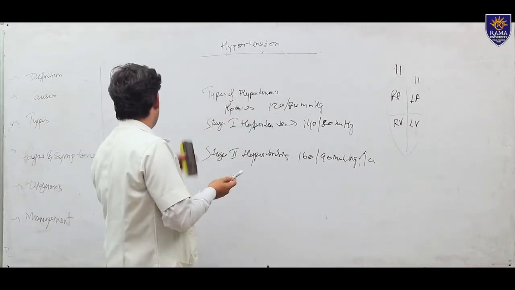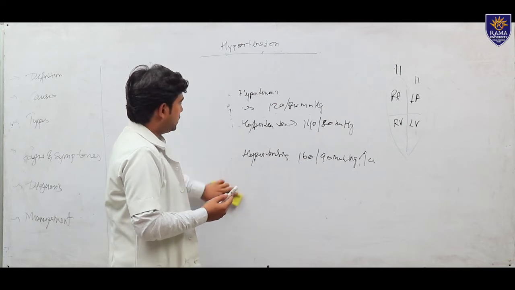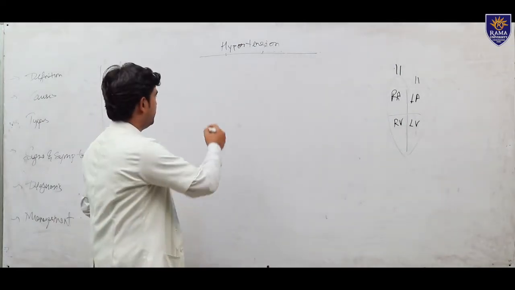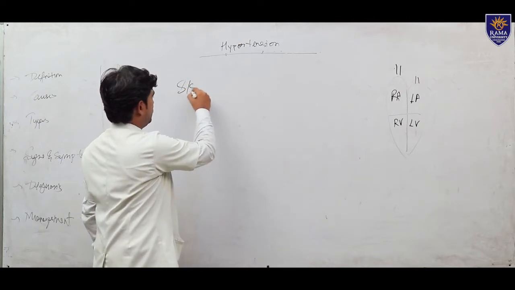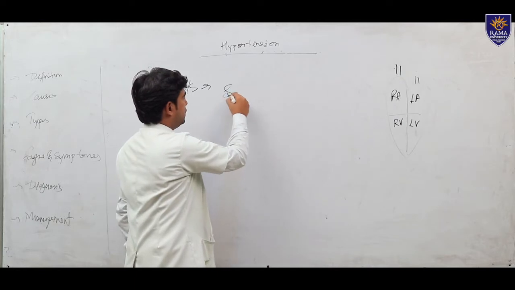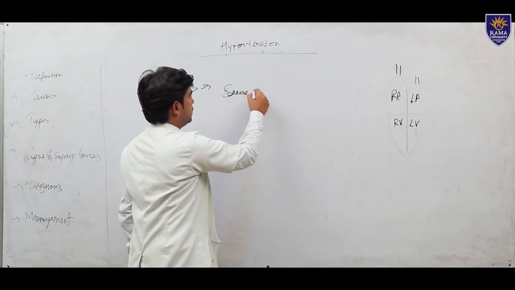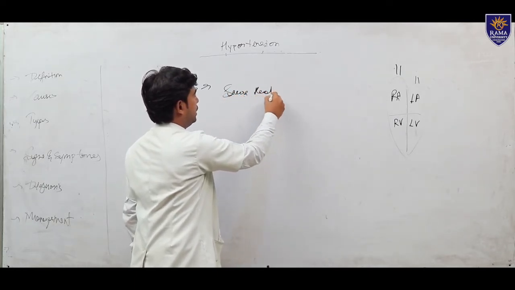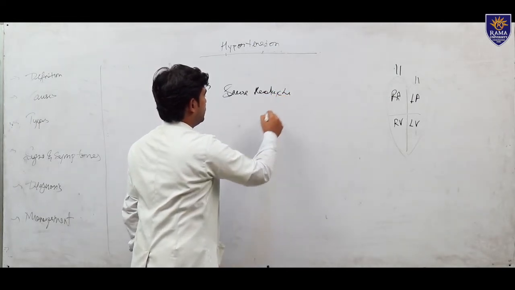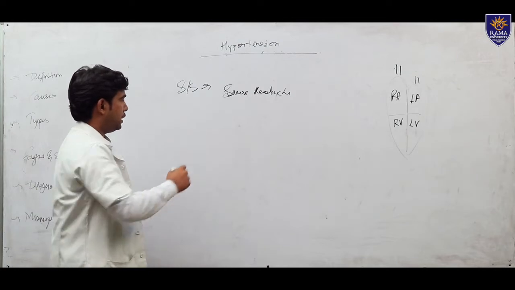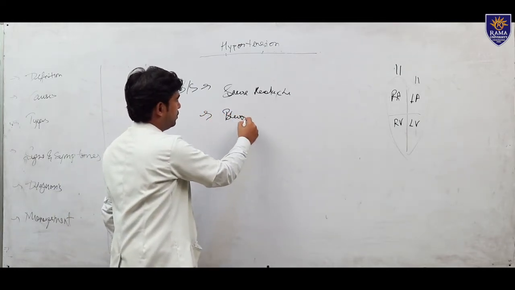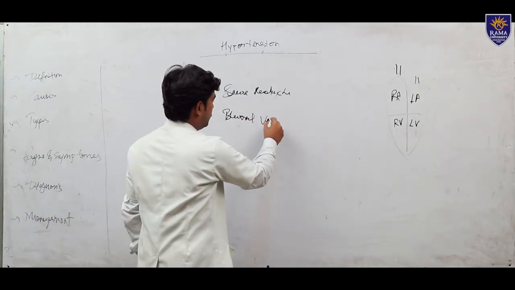Now we will see the signs and symptoms of hypertension. What are the signs and symptoms? First is severe headache. Second is blurred vision.